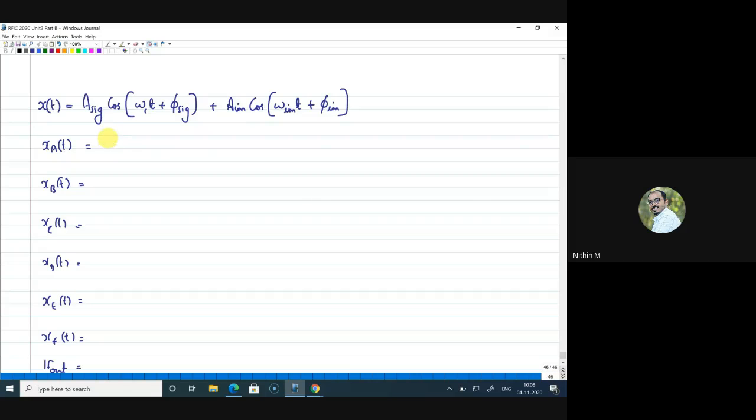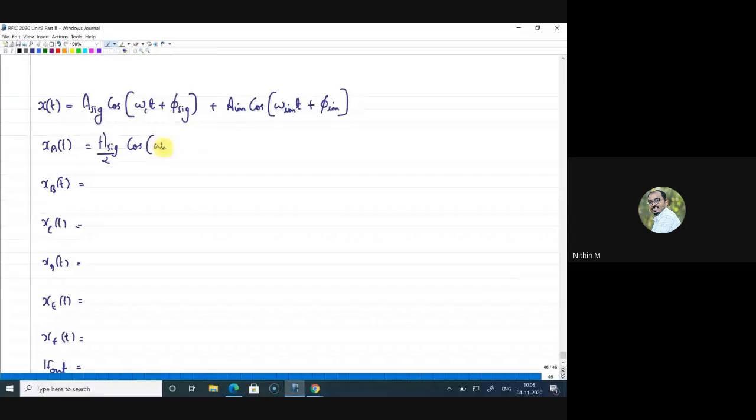I hope some of you would have tried this. So xa of t is the signal amplitude by 2 cos of (omega c minus omega 1) into t.